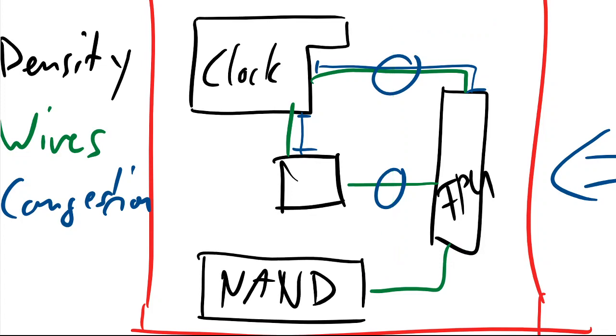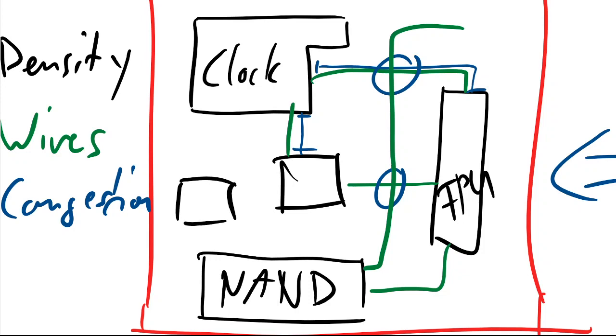I can imagine, sorry, I'm going to draw this again. I can imagine maybe there's a part here that wants to go up, and then it maybe shares this part of the wire here with the other one, and so there's congestion, like it's roads or something.